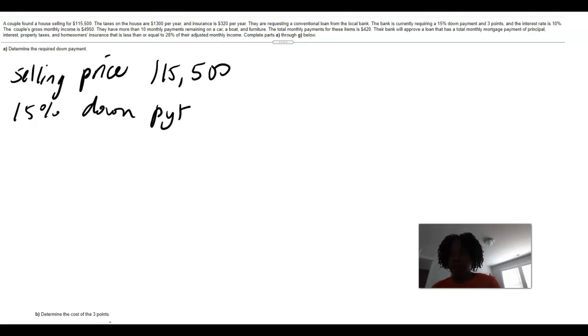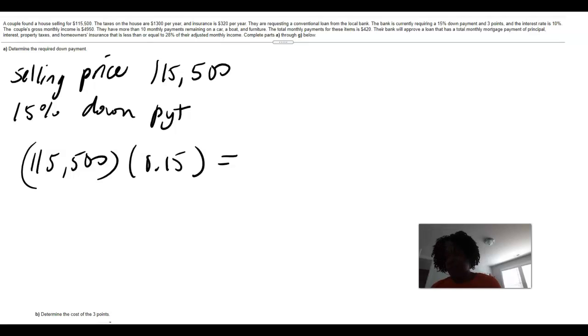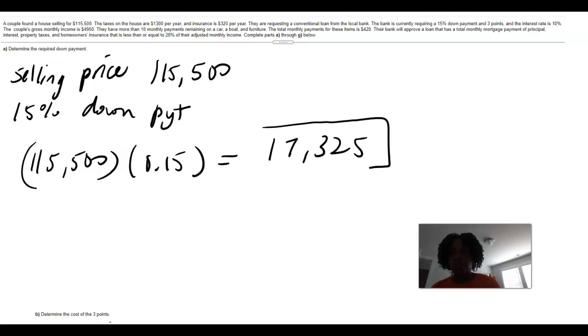So part A is similar to the other examples in parts 1 and 2 of this video series. We just find 15% of 115,500 by multiplying. We find that 115,500 times 0.15 is $17,325. So that's the down payment.